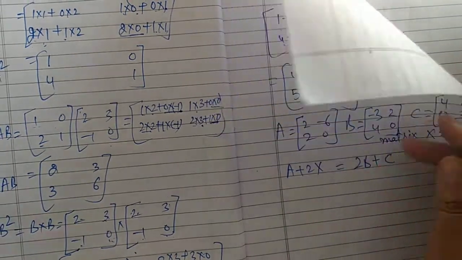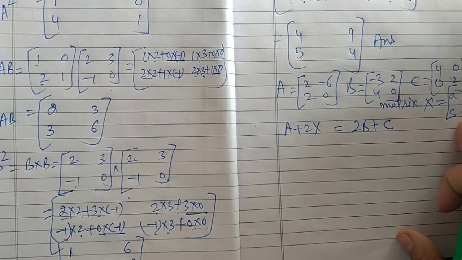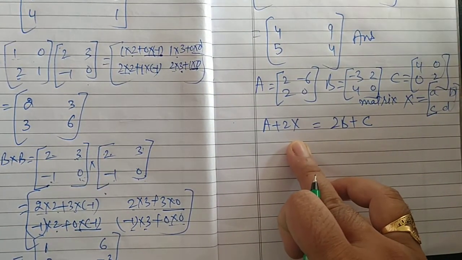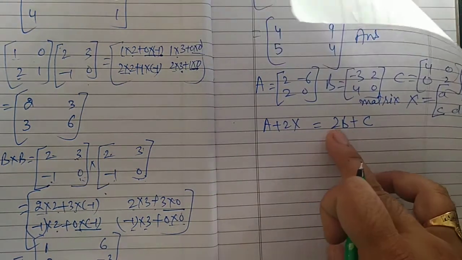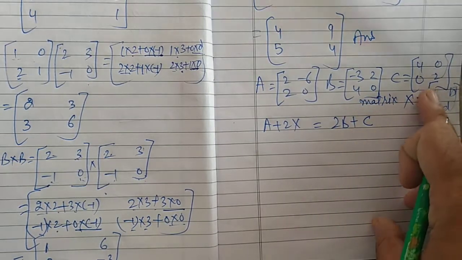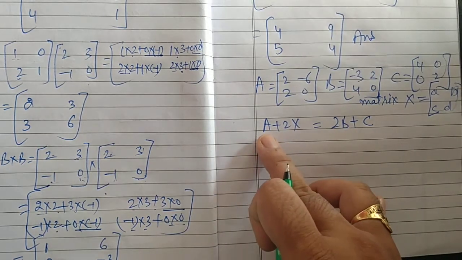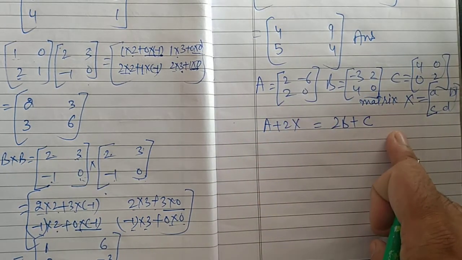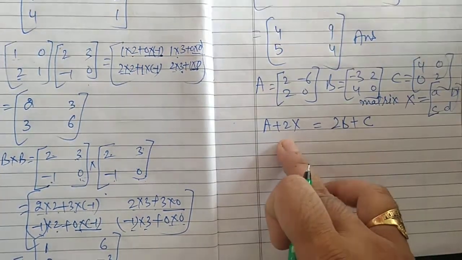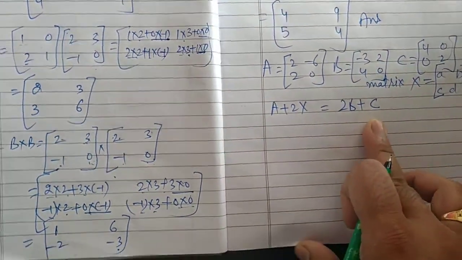So here you have to put this A, then 2, then this X you have to put here, then 2 will be multiplied to each element of the B, plus C. Then this equation you have to solve. Then you can add, then equate both the matrices and you will get the answer automatically.